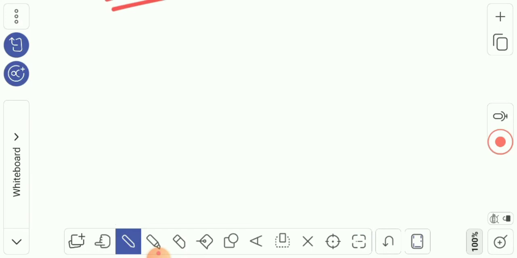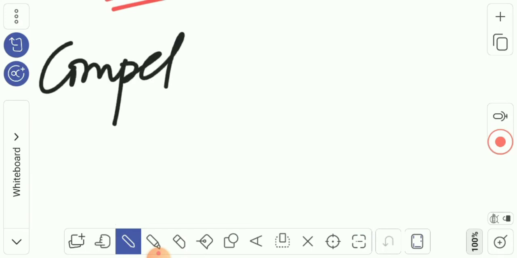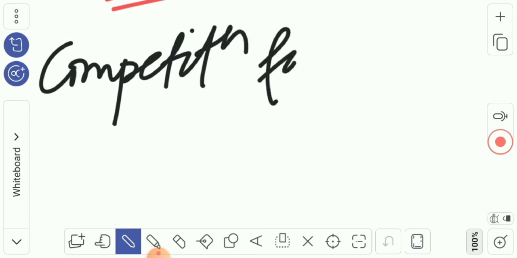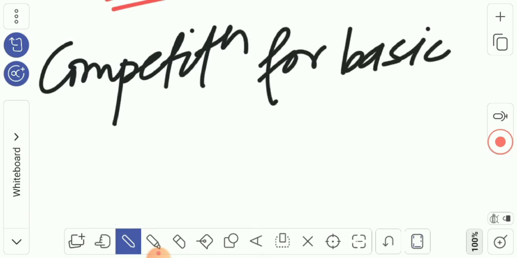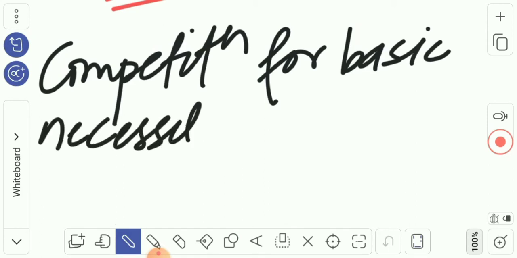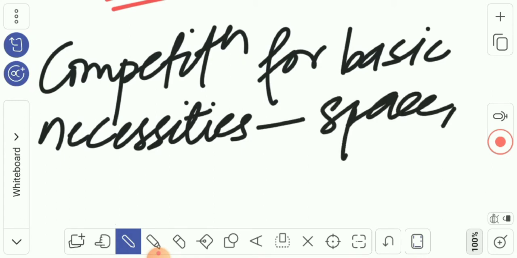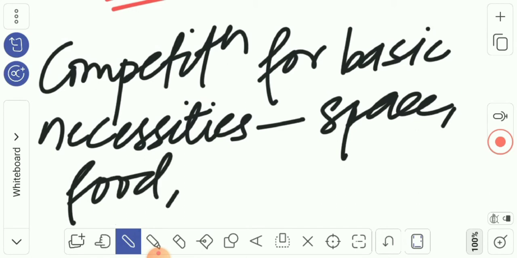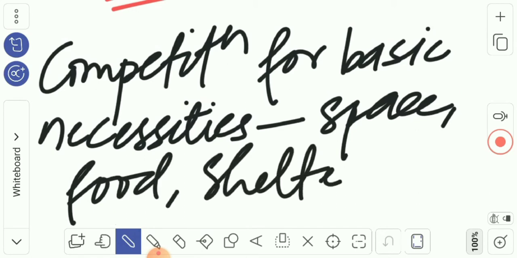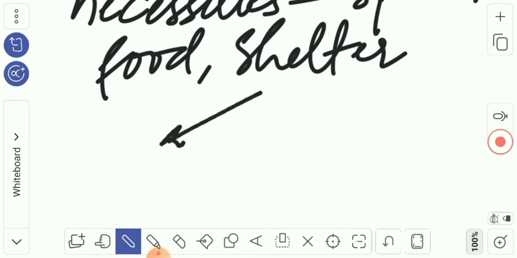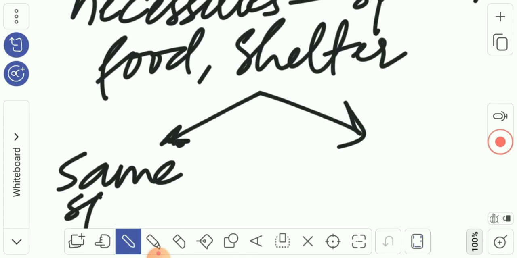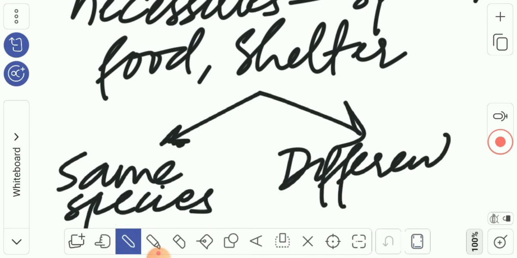Okay, so competition for basic necessities like space, food, shelter. And this competition can be with others of same species, okay, as well as different species with different species members.